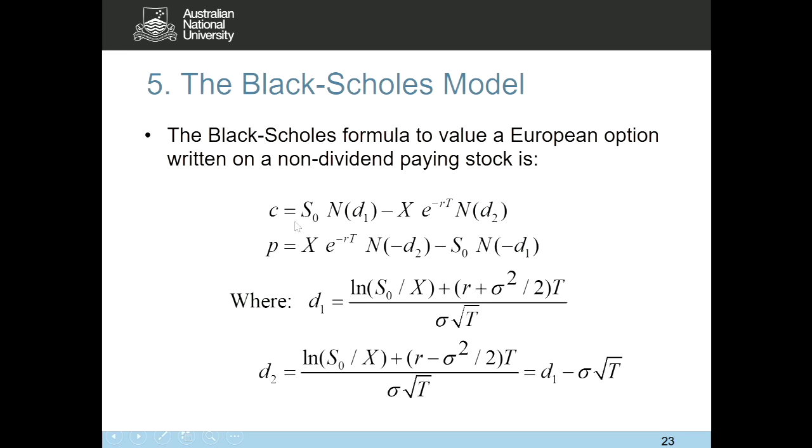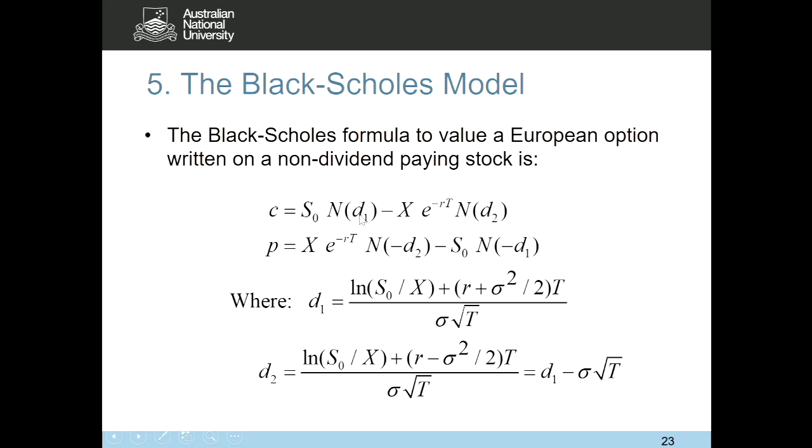So basically, the call option price is equal to the current share price times this N(d1). This N(d1) is a probability term, minus the present value of the strike price. That's just the strike price discounted back to the present, times N(d2). N(d2) is also a probability term.